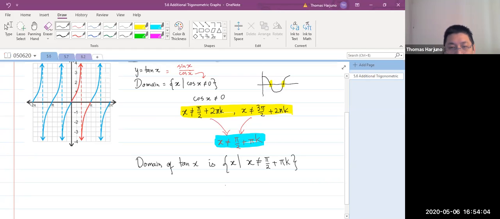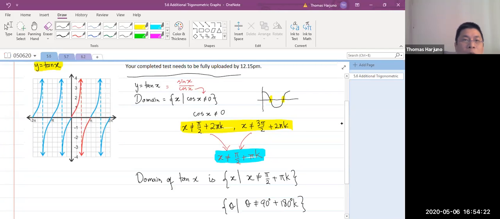Now if we use theta in degrees, then theta cannot be 90 degrees or any 180-degree multiple of that. And the k there can be a positive integer or a negative integer.